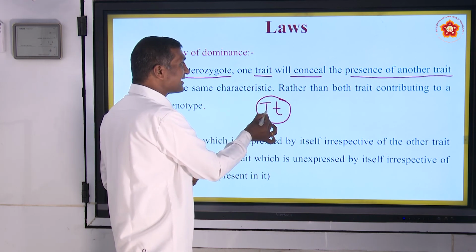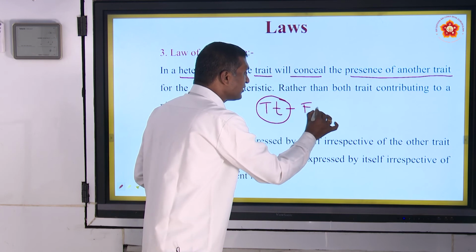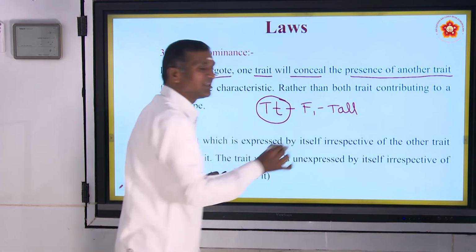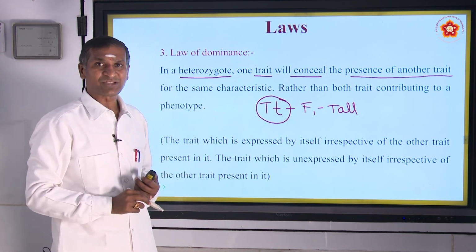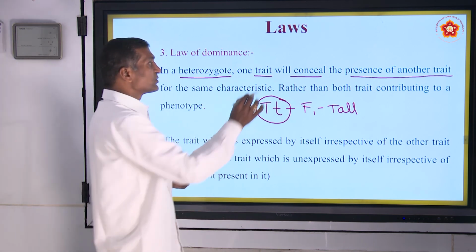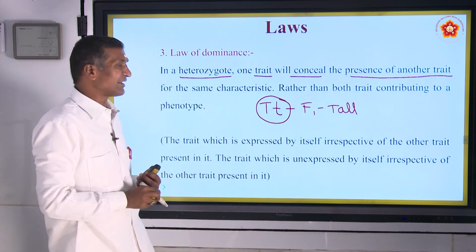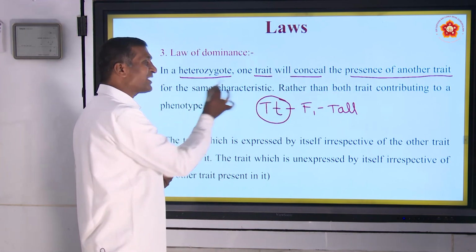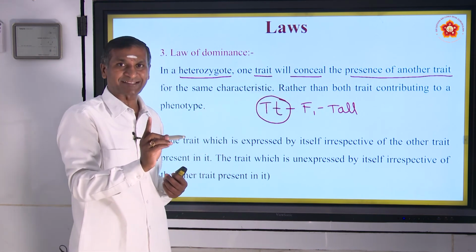One factor will conceal the presence of another factor, but we got all F1 tall plants only, even though we had the dwarf gamete also in it. So, one factor will conceal the presence of another factor for the same character, stem height being the same character.